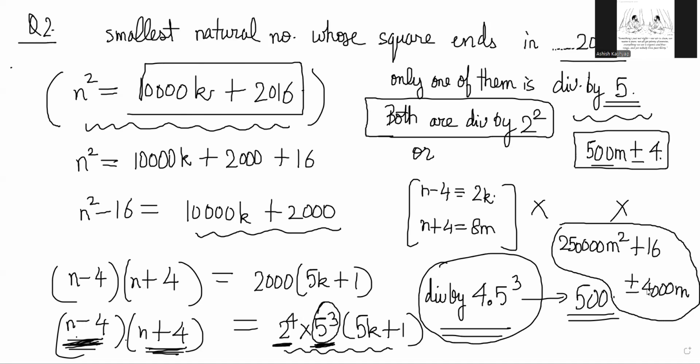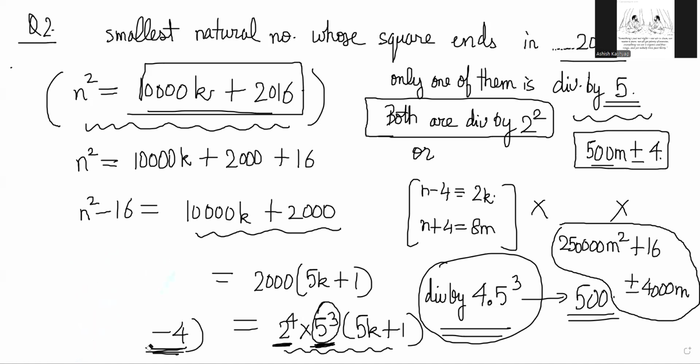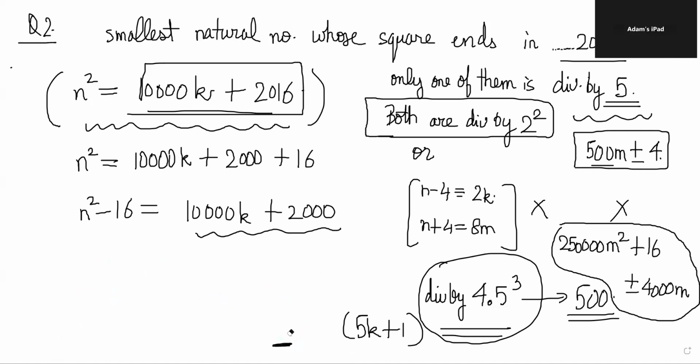And this has to somehow match with this 10,000k plus 2016, right? So now we can start from the smallest possible values of m because we want to get the smallest natural numbers. We can start with m equal to 1, for example.